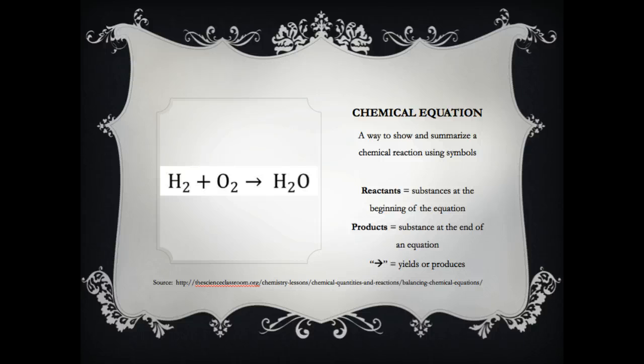A chemical equation is simply a way to show and summarize a chemical reaction, but instead of using words, you're using symbols.